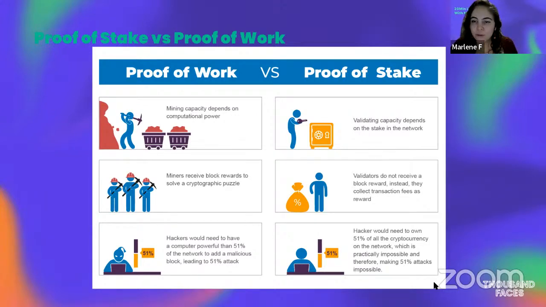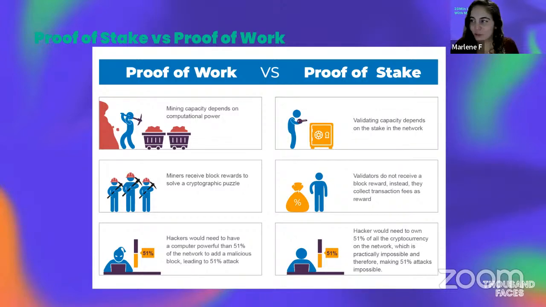However, in proof of stake, the hacker needs to own most of the stake, because the validators are predefined before they enter the blockchain. They need to be owners or be assigned the new incoming blocks in order for them to cause some malicious harm. So this explains some differences.